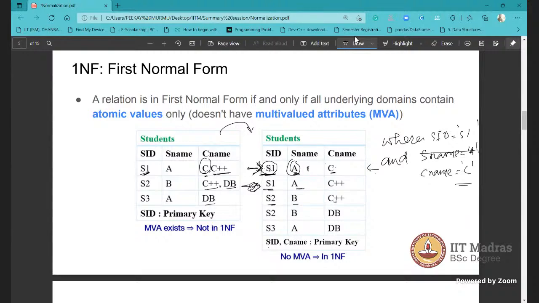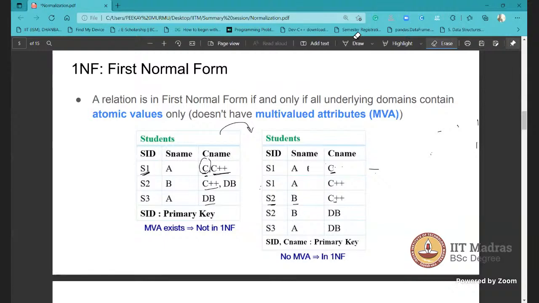But one thing you can see: the SID in the student table is the primary key, but after that S1 does not uniquely identify each tuple, right? So we combine it with the CNAME, and these two combined can uniquely identify each tuple. Still some redundancy is there, though it's a primary key. Yeah, values. Okay.